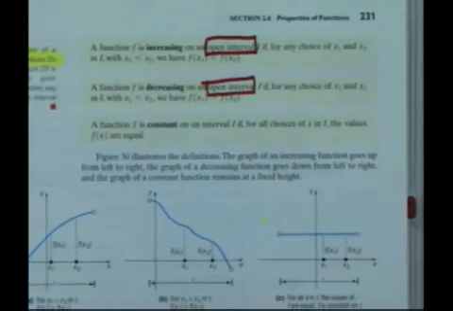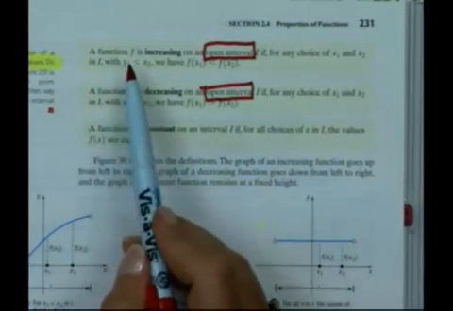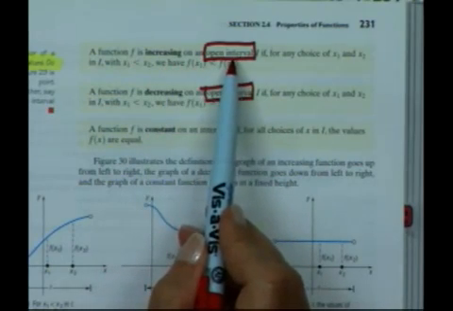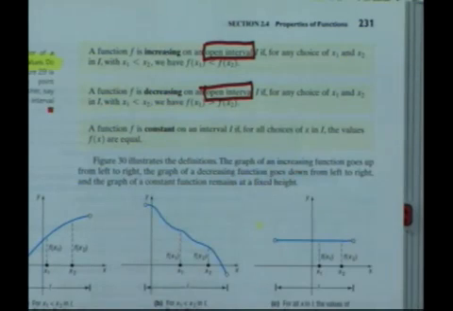I'm on page 231 in the textbook. It says a function f is increasing on an open interval. Notice we had the little parentheses there.